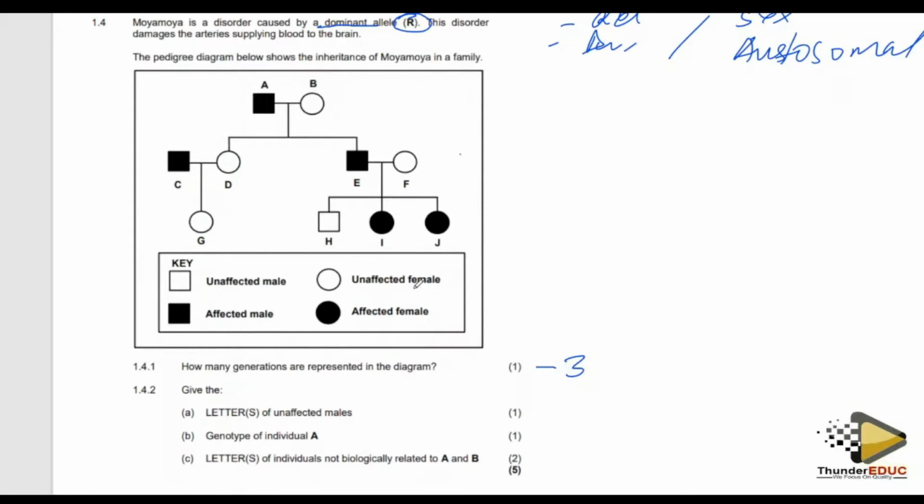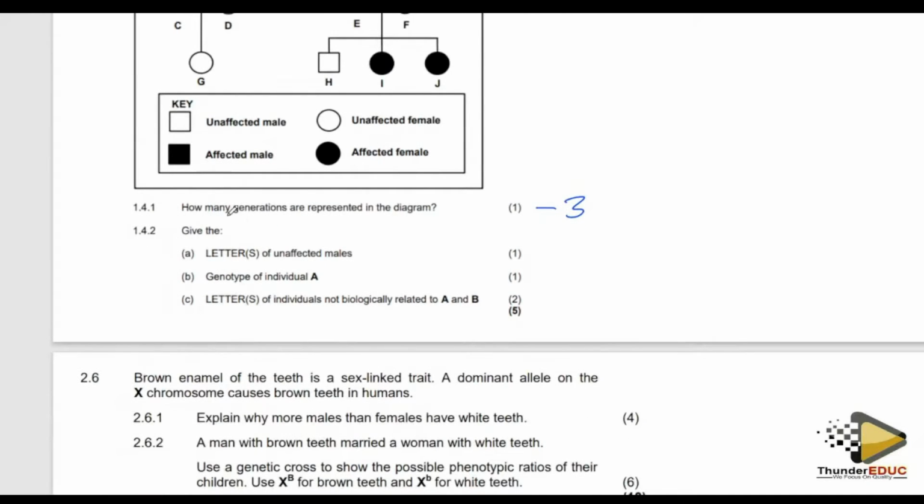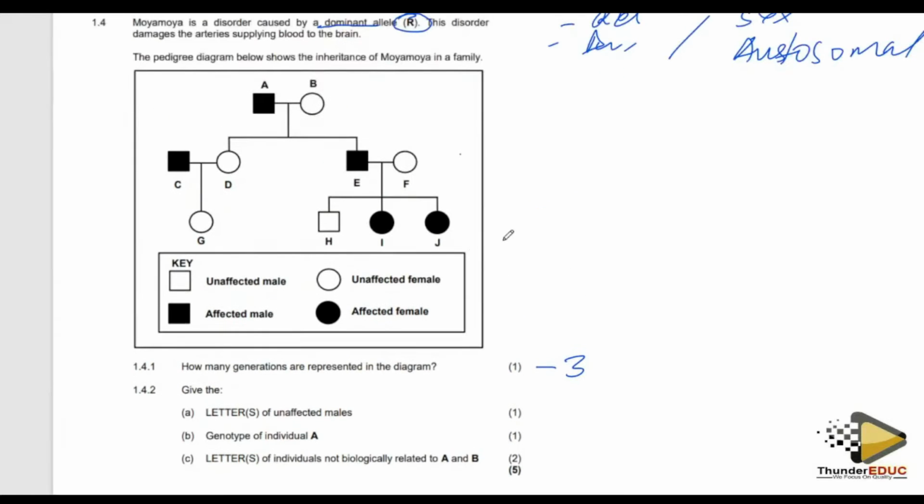And then they're saying, give the letter of an affected male. Now, sometimes we give you a key, which means you have to take note of it, whether it is caused by a dominant allele or a recessive allele.